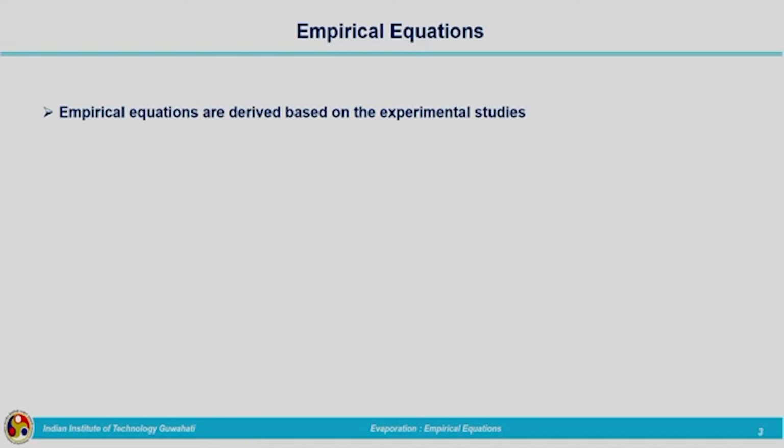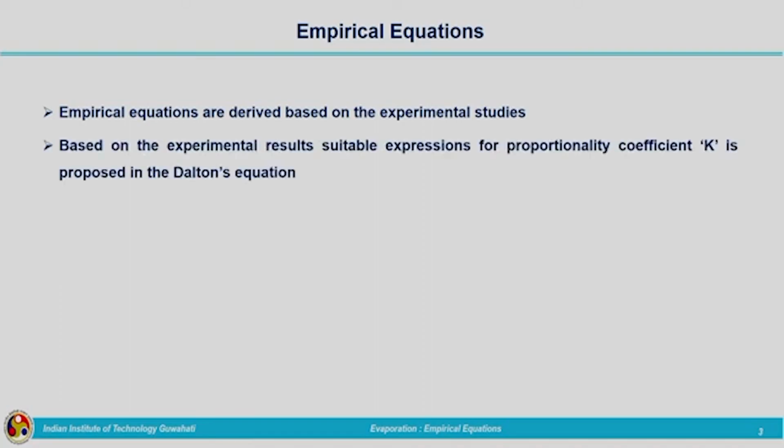Empirical equations are derived based on experimental studies. Researchers have found suitable expressions for the proportionality coefficient K. That is, the evaporation rate according to Dalton is E equals K multiplied by ES minus EA.